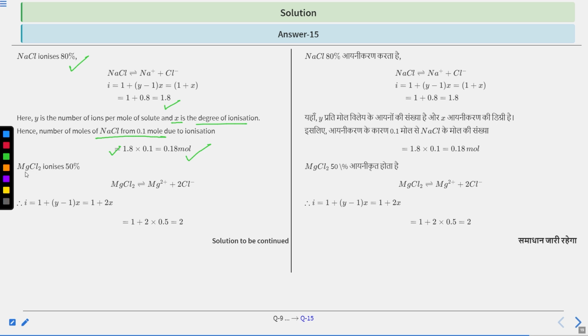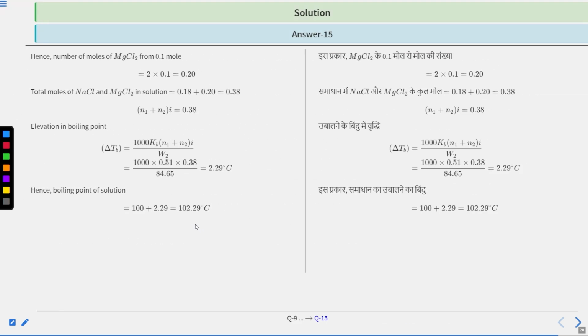And it is given that MgCl2 ionizes 50%, so MgCl2 on dissociation gives Mg²⁺ plus 2Cl⁻. i will be 1 plus (y minus 1) times x, which is 1 plus 2x, and 1 plus 2 times 0.5, because the degree of ionization is 0.5. So i will be equal to 2 for MgCl2.